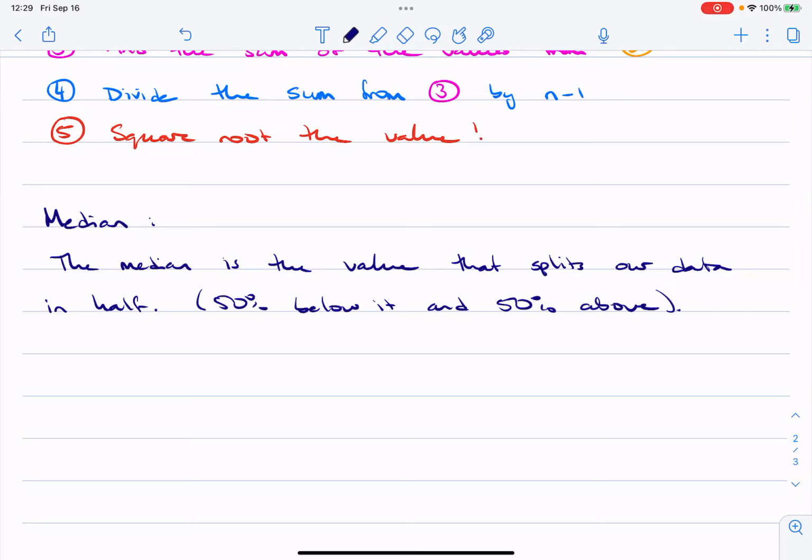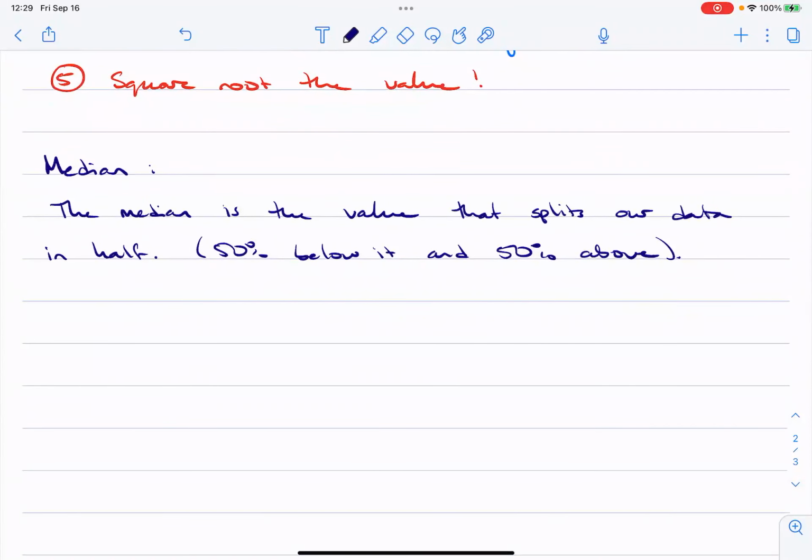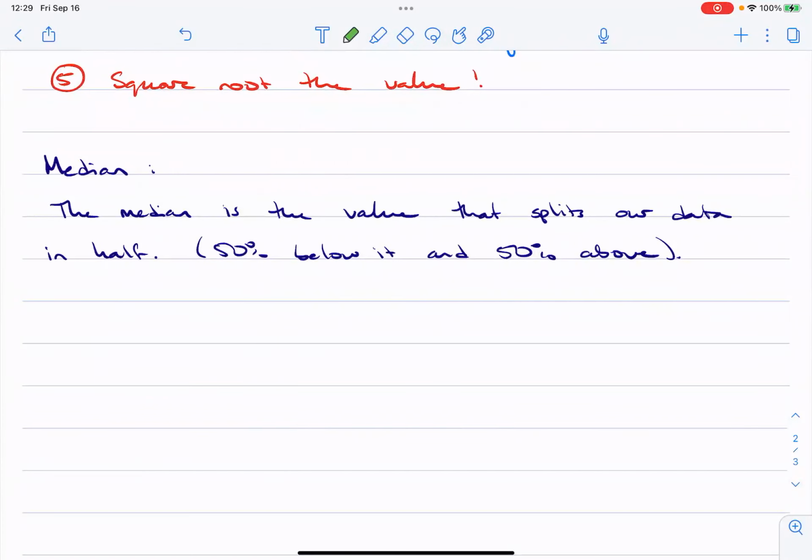So if you want to have a data point with 50% below it and 50% above it, it kind of goes without saying that you need to sort your data first. To find the median, we first need to sort our data.